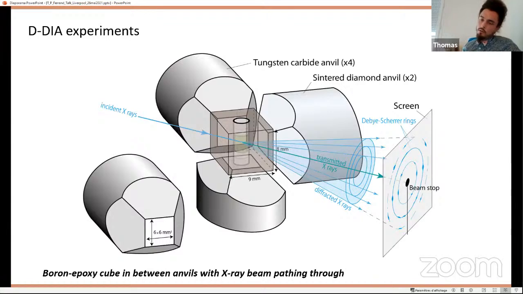We used diffraction radiography, X-ray radiography to get the strain and strain rate during the experiment, and X-ray diffraction to get the lattice distortion, so the elastic strain seen by the olivine crystals, and so to some extent the stress.